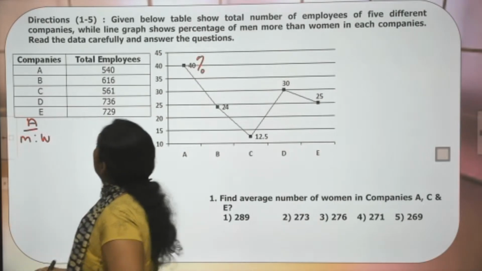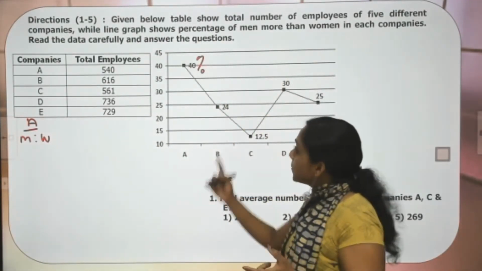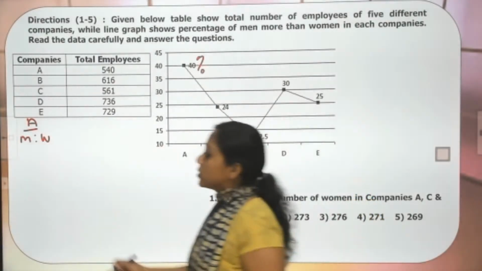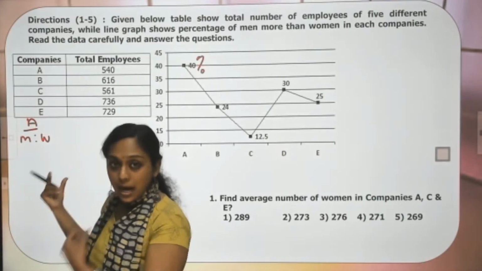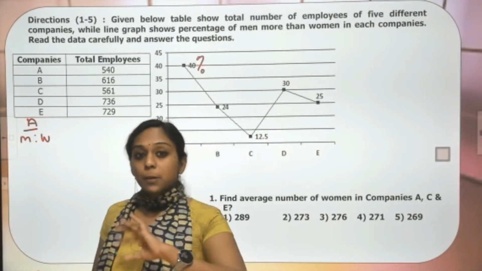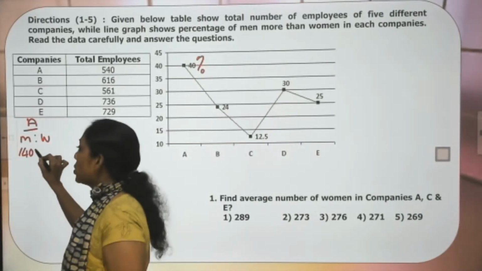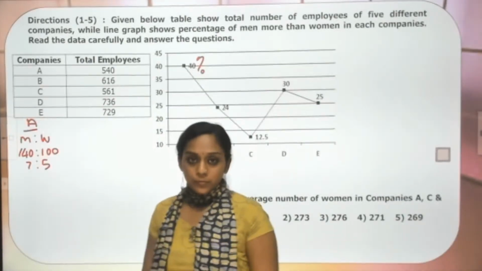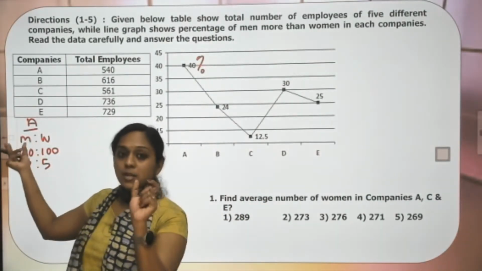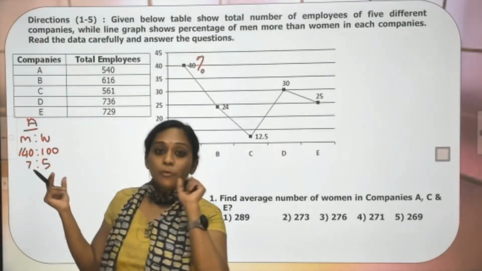If you take the value for women as 100, then the value for men will be 40% more, that is 140. So 140 is to 100, or on simplifying, 7 is to 5. This 7 represents the number of male employees and 5 represents the number of female employees.